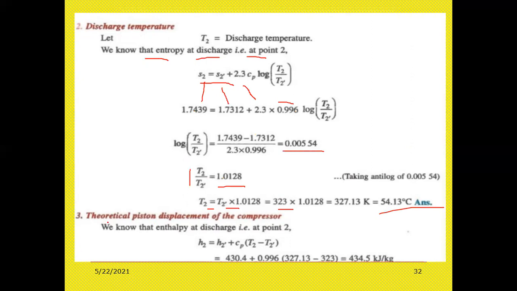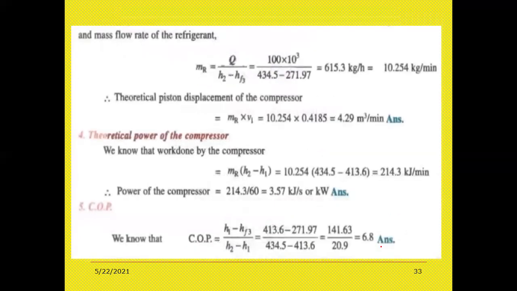Next, the theoretical piston displacement of the compressor. H2 is equal to H2 dash plus Cp into T2 minus T2 dash. Substituting the values, 430 plus, and directly we get the value 434.5.